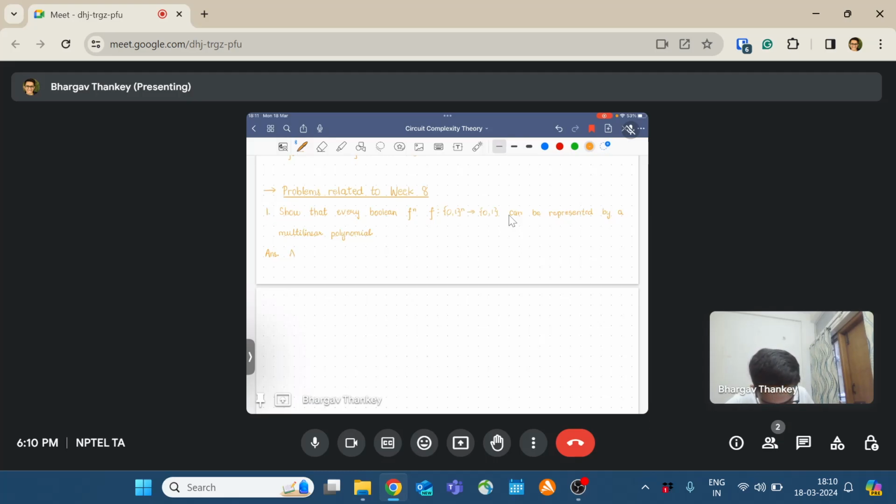A polynomial P is said to be multilinear if the degree of every xi in every monomial of P is at most 1.